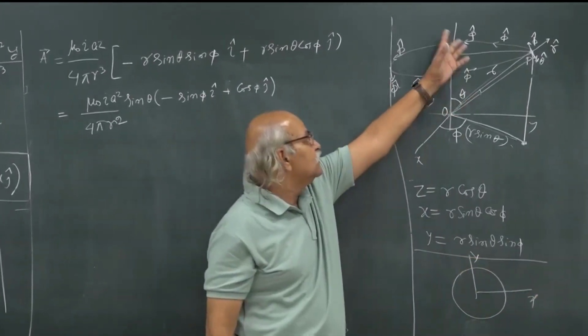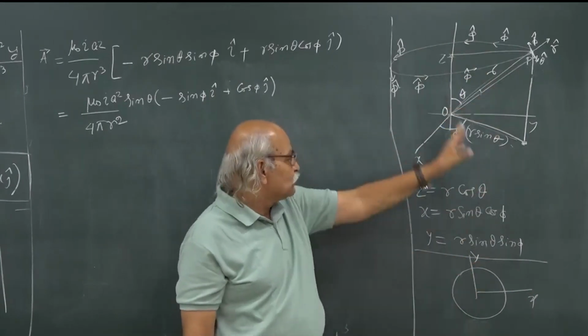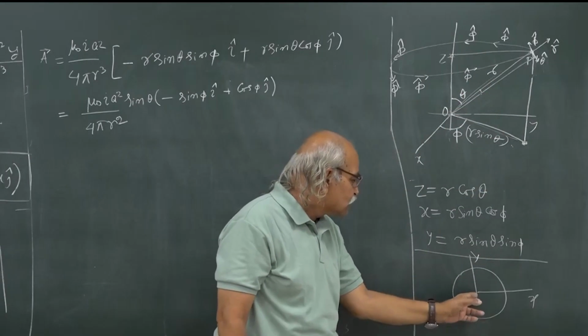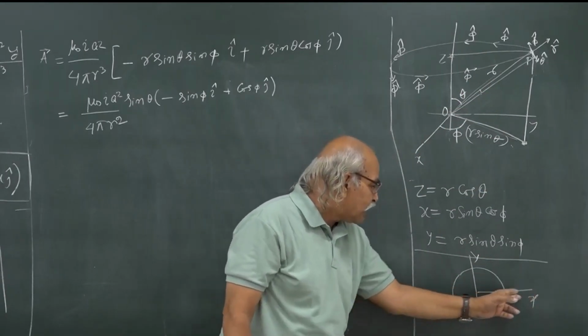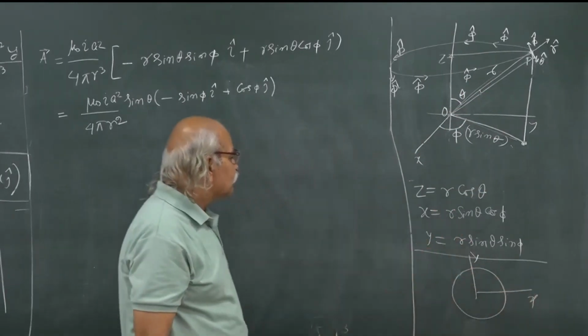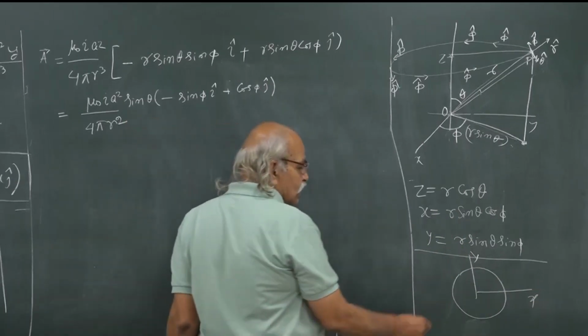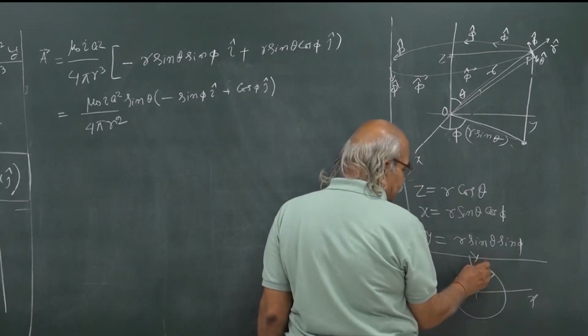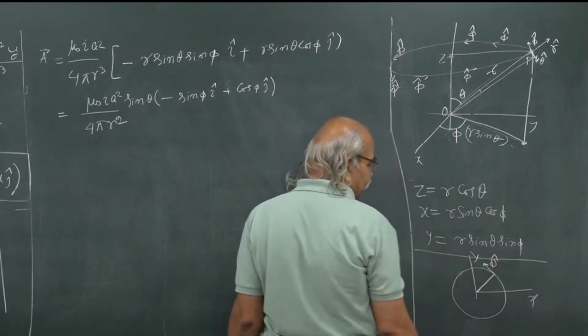Origin may be somewhere else, but on this line itself. It is parallel to the x direction, parallel to the y direction, and then this is your phi cap direction.